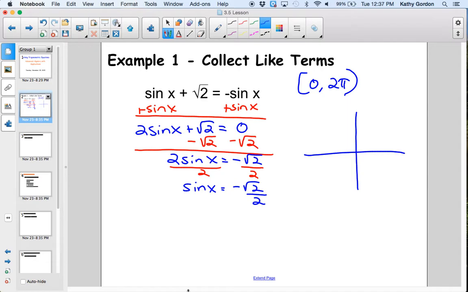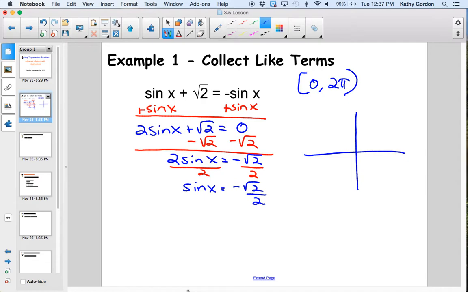What kinds of numbers does x represent? What do we have to take sine of? What kinds of numbers can I take sine of, or cosine of, or tangent of?